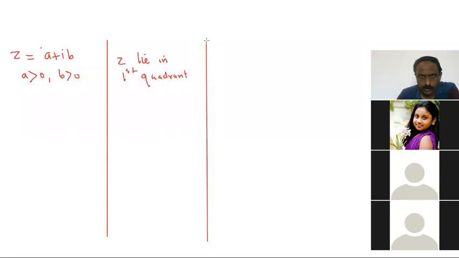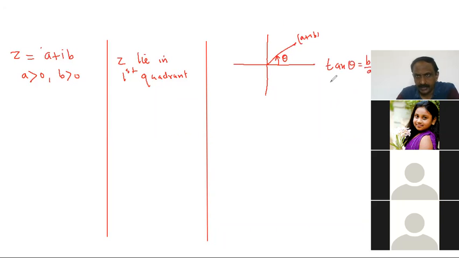If z lies in the first quadrant, your diagram will be like this. Then this is the angle that you're talking about. So your argument tan theta will be b by a, and theta is obtained by the formula tan inverse of b by a.